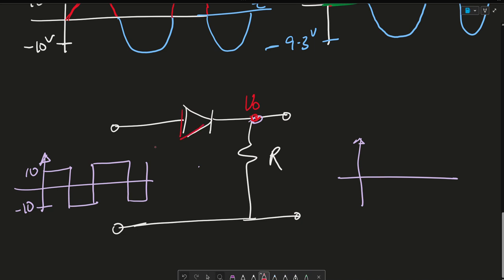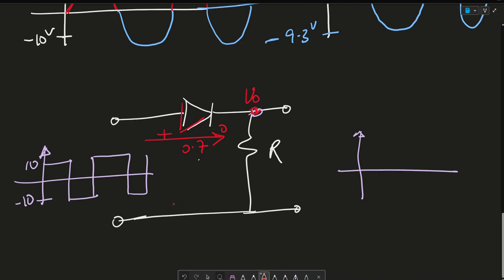So when I put in current here, it passes through 0.7. That means that when I go in the negative direction, it's going to be open circuit. So all my negatives are going to be clipped. So this is a negative series clipper circuit where my output is going to look like this.